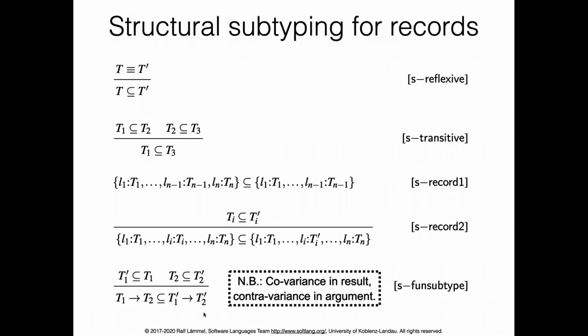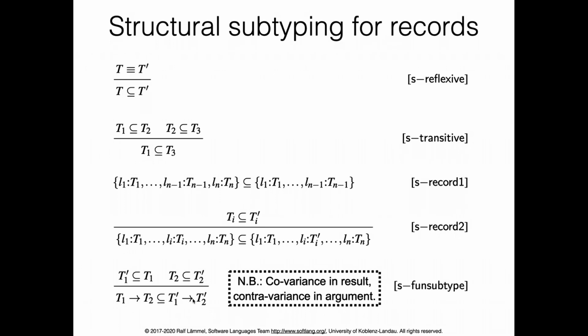So obviously we need to define how function types are related in terms of subtyping. Just look closely at the indices here, and you see that the subtyping relation is essentially flipped for the argument, so the prime is here, whereas it's in the same order for the result type when compared to the function type.